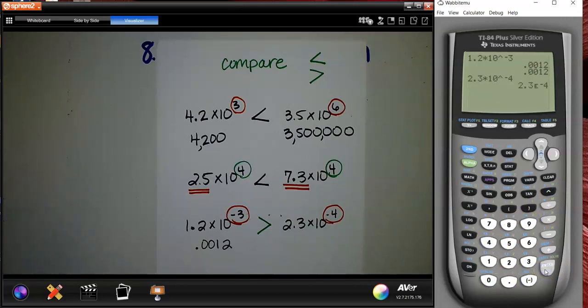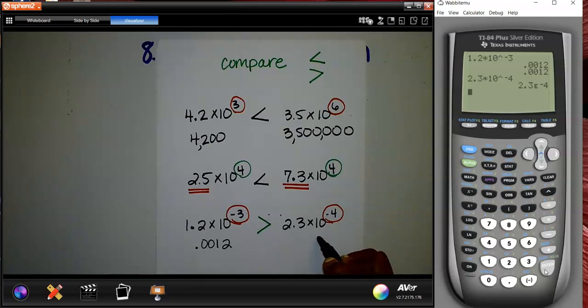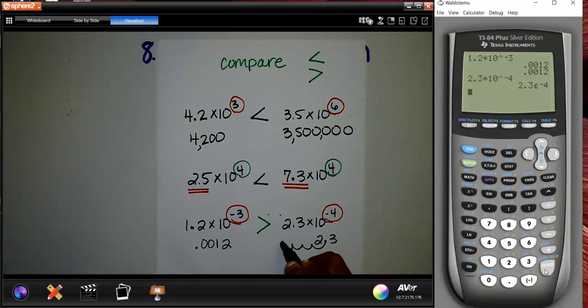Okay, and again, it gives me that E, but you essentially can come in and move the decimal yourself as well. So here it tells me to move it 4 times to the left, 1, 2, 3, 4, and fill in those zeros. Okay, so now we can compare our numbers, and yes, this number here on the left is larger than this number here on the right.